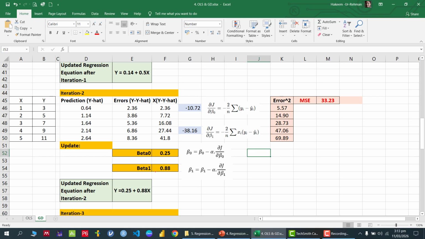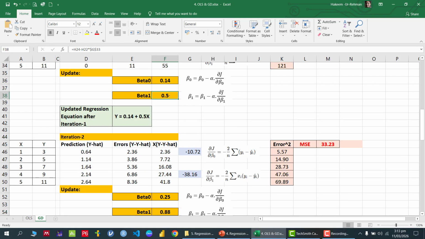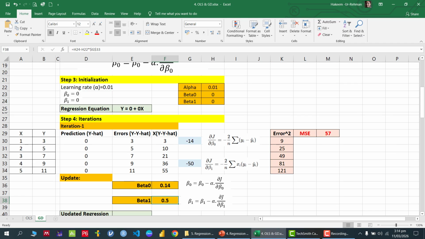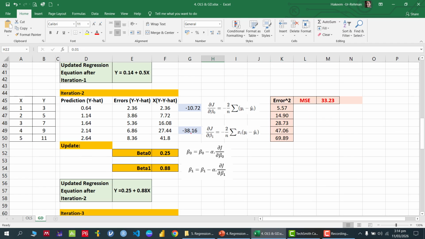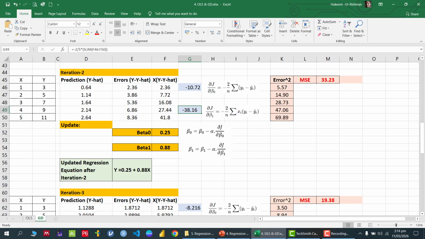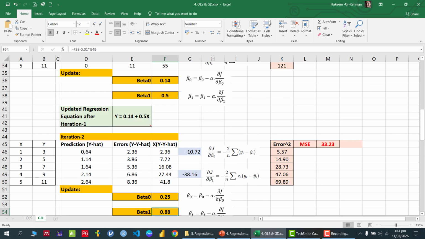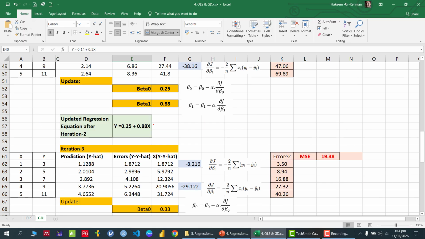Same is the case for the new beta 1, which is the old beta 1 minus alpha multiplied by the gradient with respect to beta 1, so we got 0.88. That means our regression line is further updated: beta naught is 0.25 and beta 1 is 0.88x.